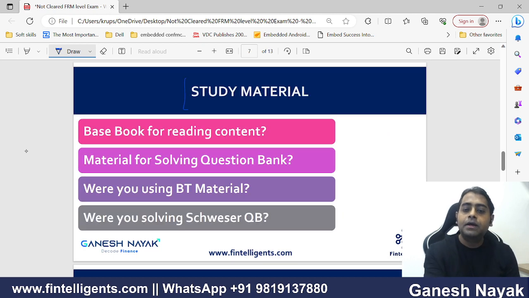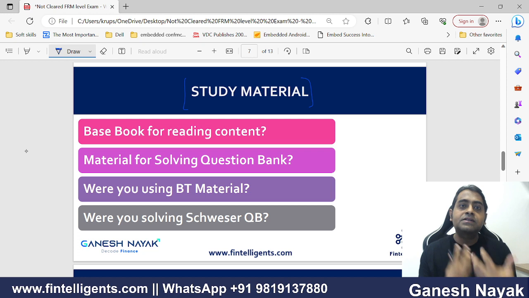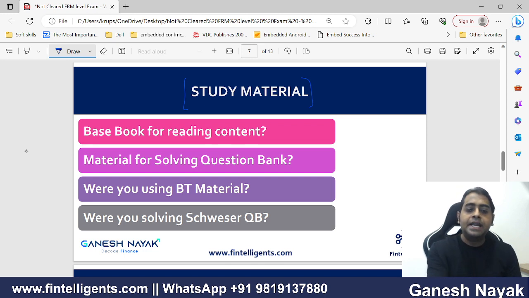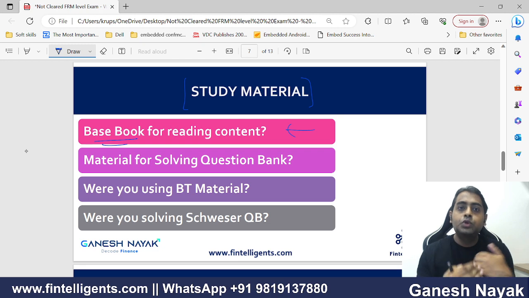The fourth bucket that we should look at is what study material we were using. Now as a student, what was my base book? A lot of students use Schweser, a lot of them use the GARP book, and a lot of them also use Bionic Turtle. The idea is whether you were using only one base book, because I've seen students switching books.